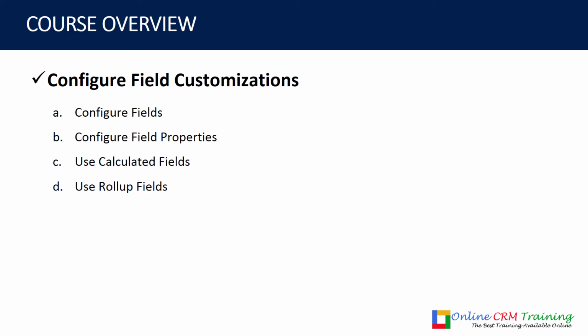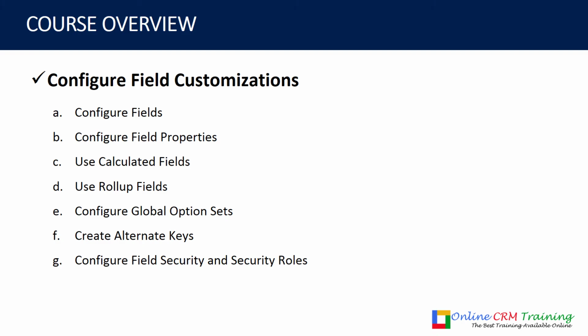We'll talk about how you can set up a roll-up field and how you can use it. Also, we'll talk about configuring global option sets, then how to create alternate keys. That's something we'll discuss, very important to integrate with other applications, and it can also be used for identifying duplications.